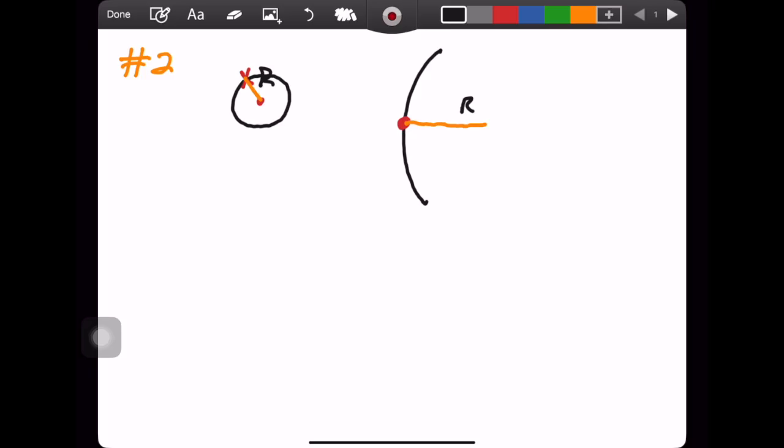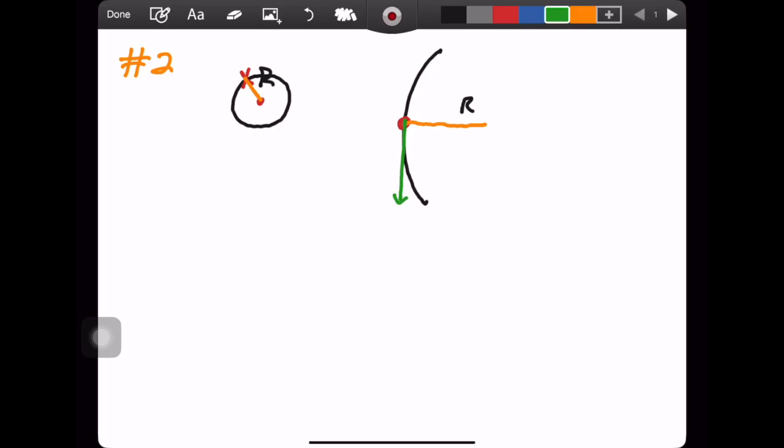And it turns out that when you have uniform circular motion, you need to have a centripetal force that provides that uniform circular motion. At any moment, when you have circular motion, your velocity is actually tangent to the circle.